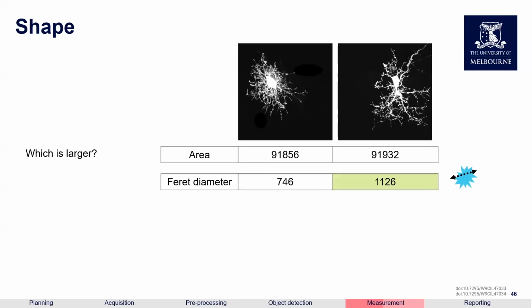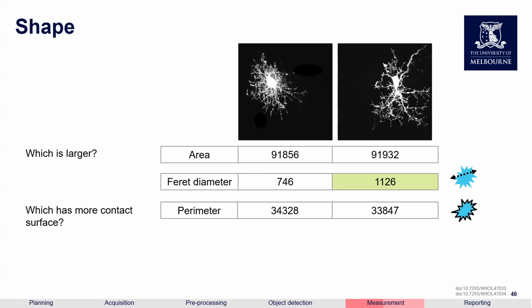Whereas if we measure the Feret diameter, which is the longest line that can be drawn across the object, it reveals that the right cell is more spread. So that's a good one. We can also measure the perimeter, which measures the total surface length. But in this case, those two cells also have very similar perimeters.